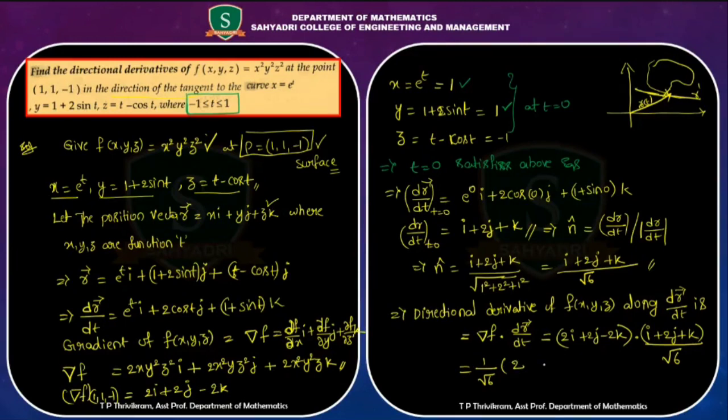Next 2 into 2, I'll get 4. Minus 2 into 1, I'll get minus 2. So 2 plus 4 minus 2 gets 4, by root 6. So I'll get 4 by root 6. So that is the slope of a surface at a given point. Okay.